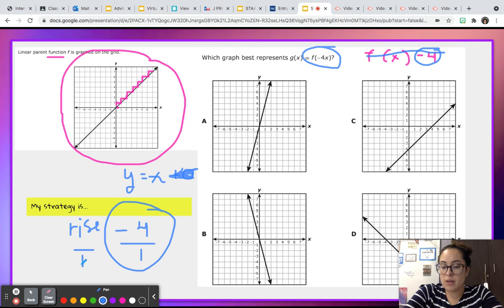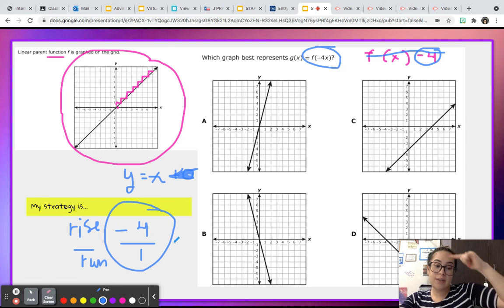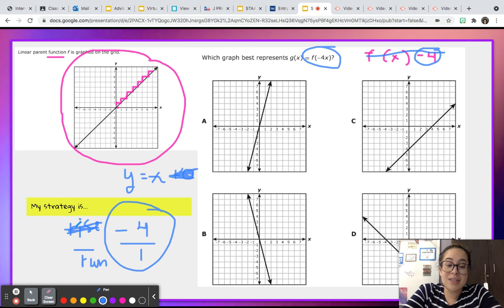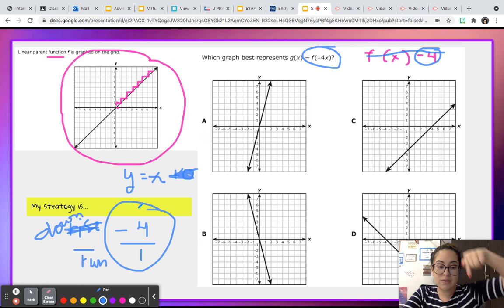Rise over run. So I've got to think to myself, which of these has a rise of negative 4 and a run of 1? When it's a negative slope, it's not so much a rise, but that it's going down. It's going down because it's a negative slope. All negative slopes go down.